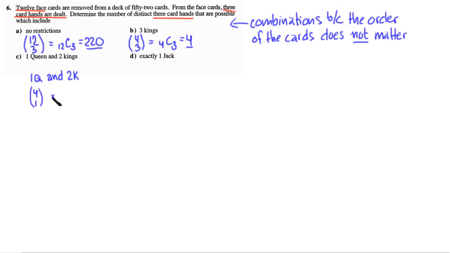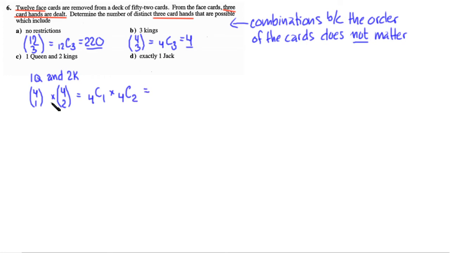And means multiplication, and then we're choosing 2 kings from 4, a total of 4 kings. So it's going to be 4 choose 2. Right? This could also be written, if you prefer the C notation, as 4 choose 1 times 4 choose 2.